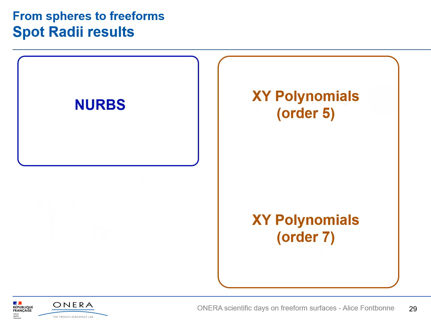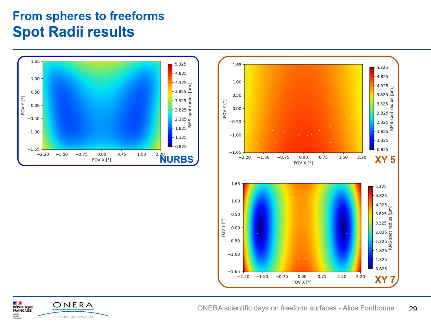Now that we have compared the average results, we are going to compare the results across the field of view. So here are the NURBS for the field of view along y and x, and here are the XY polynomial of order 5 and 7. And you have here the fact that for XY polynomial of order 5, the map is very uniform, but with very large spot radii.